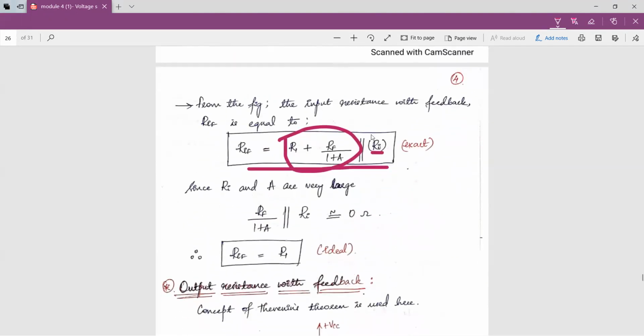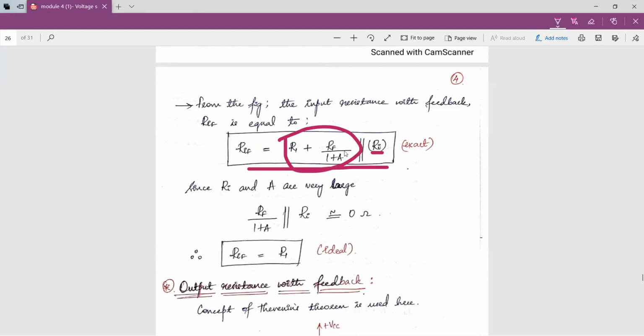Now here, by studying the characteristics of the op-amp, we have studied that the input resistance Ri of the op-amp is very large, and we also know that the open loop gain of the op-amp A is very large. So if A is large, this component Rf by 1 plus A will be very small, because the value of gain is very large and it is in the denominator.